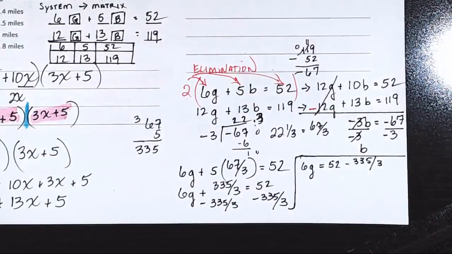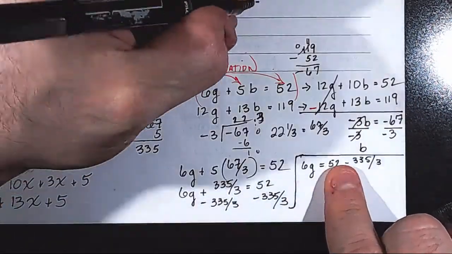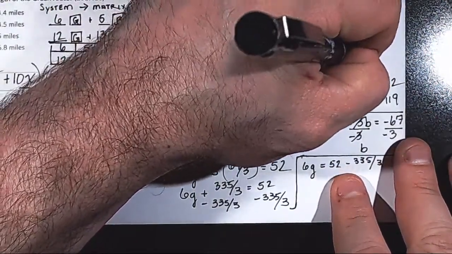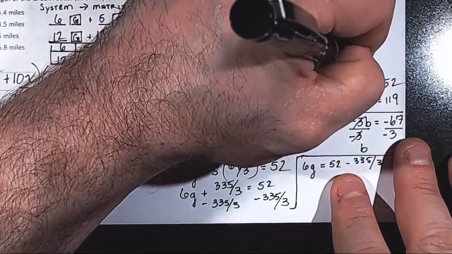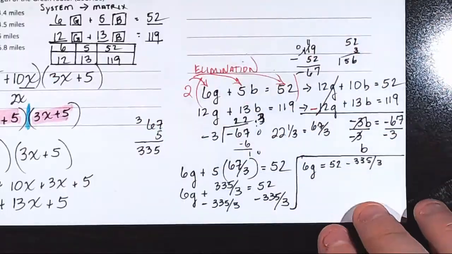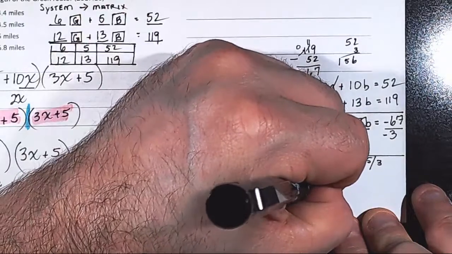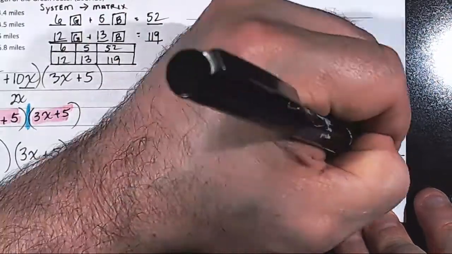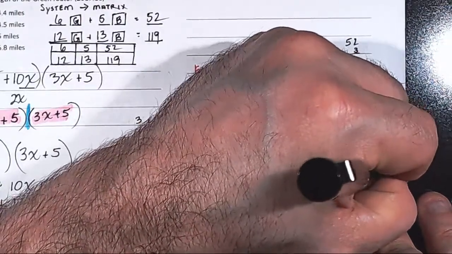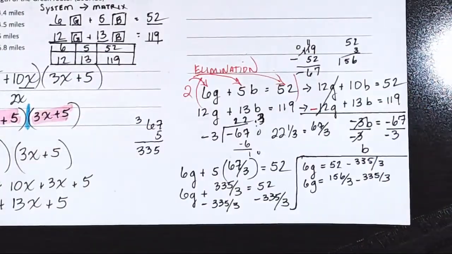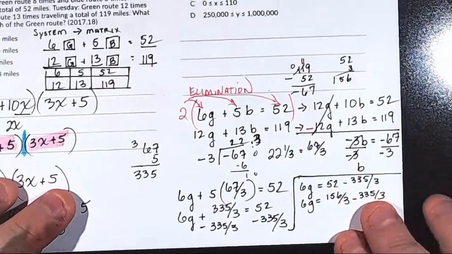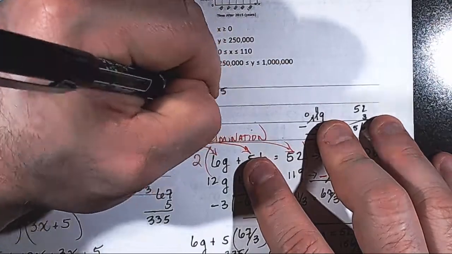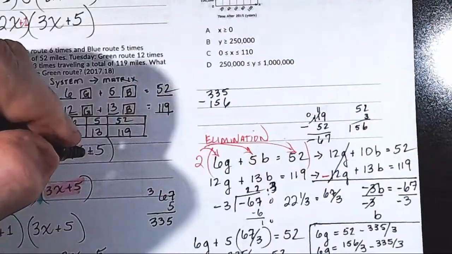I need 52 in terms of 3, so I'll take 52 times 3, which is 156. So I've got 6g equals 156 thirds minus 335 thirds. Now I need to subtract 156 minus 335, so 335 minus 156.